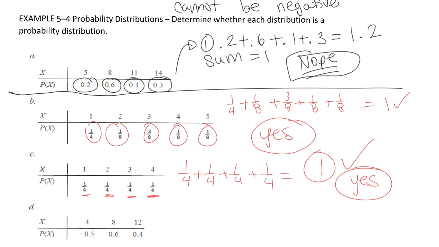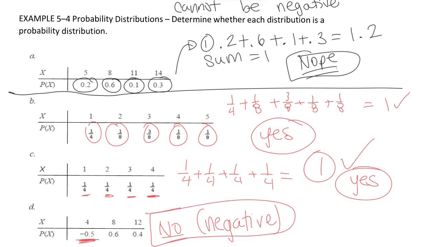All right, how about letter D? Yes or no? Not possible because you got a negative. Good, you're right. This one negative ruins the whole thing. It just takes one to ruin everything. So this is definitely no, because you can't have a negative. And if there was a 1.7 or something, that could also be a disqualifier. Even if the sum added to 1, you can't have a 1.7 or a negative in there. So that's definitely no.